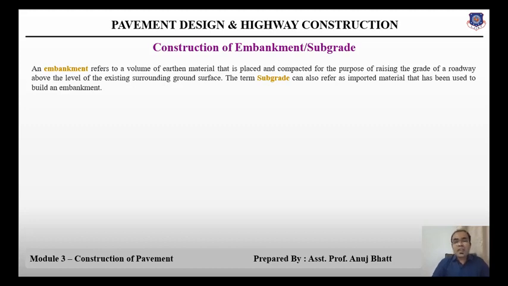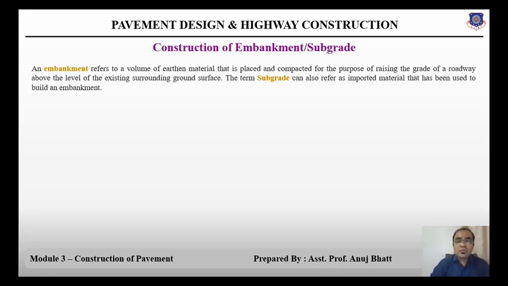So we can say embankment can be natural or it can be produced with compaction. And the term subgrade says that it is an imported material that has been used to build an embankment. So we can say subgrade is a part of embankment which is used to build an embankment.